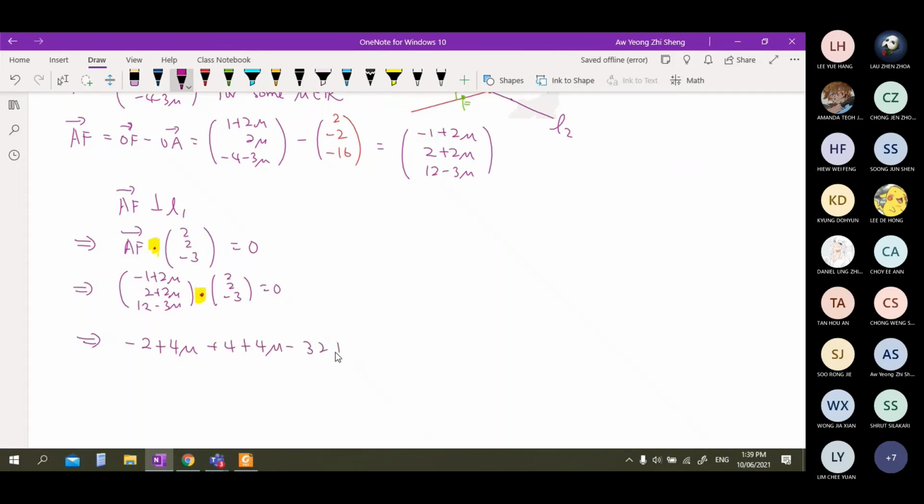This 36, and plus 9 mu equals 0. 4 plus 4 plus 9, you get 17 mu. 2 minus 36, minus 34. And mu is a nice number, 2.